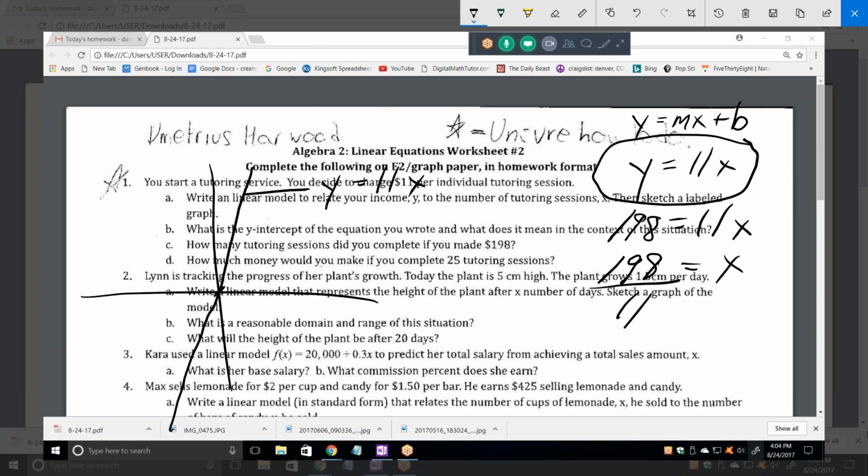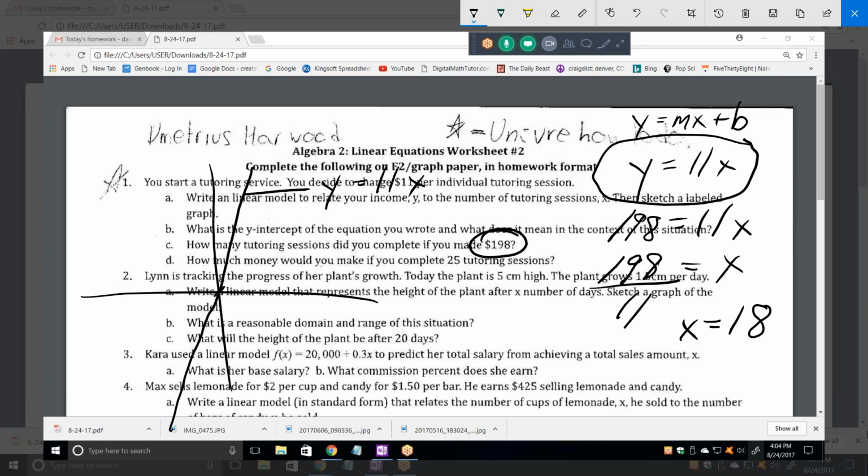Looks to me like that is exactly 18. We don't need a calculator for that. So what that says is that you must have done 18 tutoring sessions. If you made 198, 18 times 11 is 198. But notice how we came up with it.